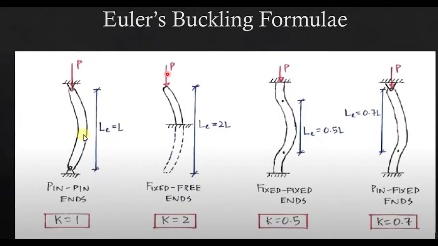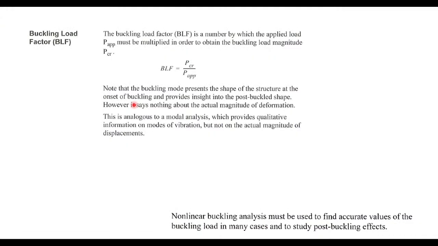Well, now a very important thing is the buckling load factor. What exactly is it? The definition is the number by which the applied load must be multiplied in order to obtain the buckling load magnitude. For example, I would like to have this critical load, that is the buckling load magnitude.